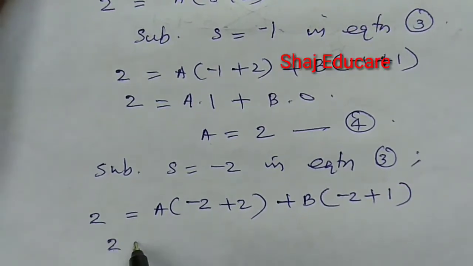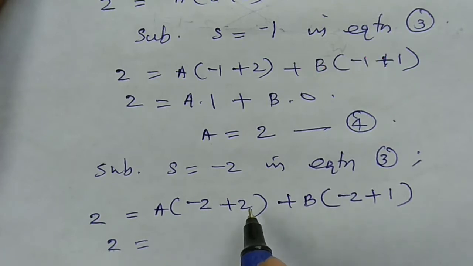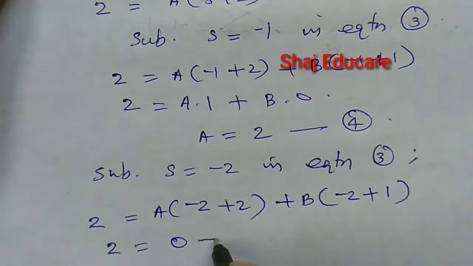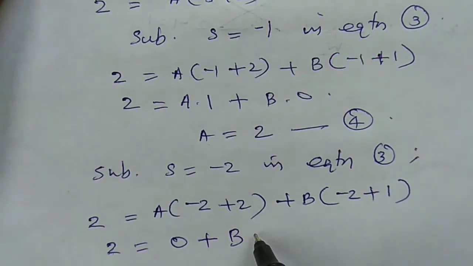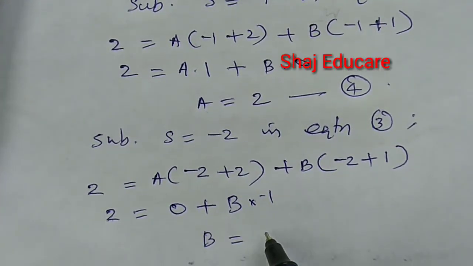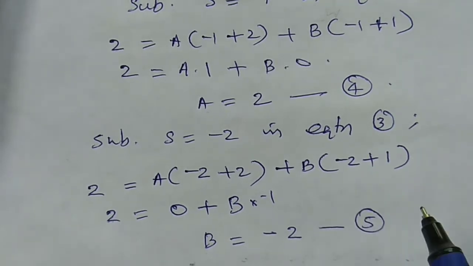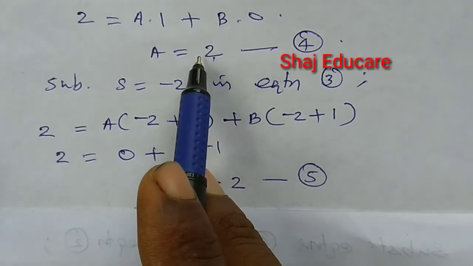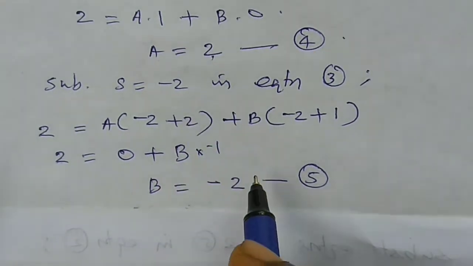Okay, here we have 2 equal to A into minus 2 plus 2, which becomes 0, plus B into minus 2 plus 1, which becomes minus 1. Now the value of B we are getting is minus 2. Let us mark it as equation number 5. Let us substitute the values of equations 4 and 5 into equation 2.